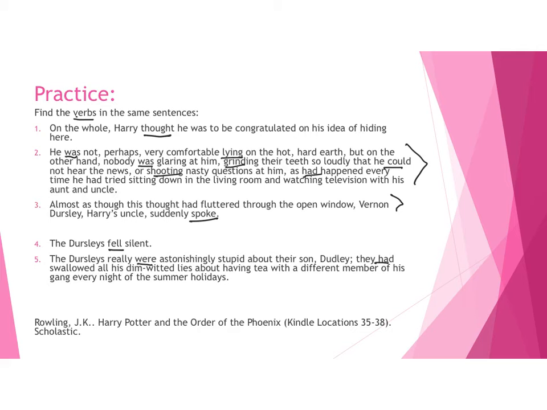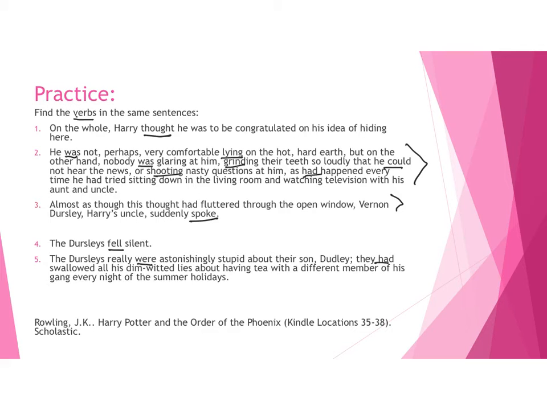So what you have to do is look at this last part of the sentence and ask, okay, what's going on here? And you had to ask yourself, what's the main part of the sentence? And it's all talk about how he was not comfortable lying on the hot earth, okay?